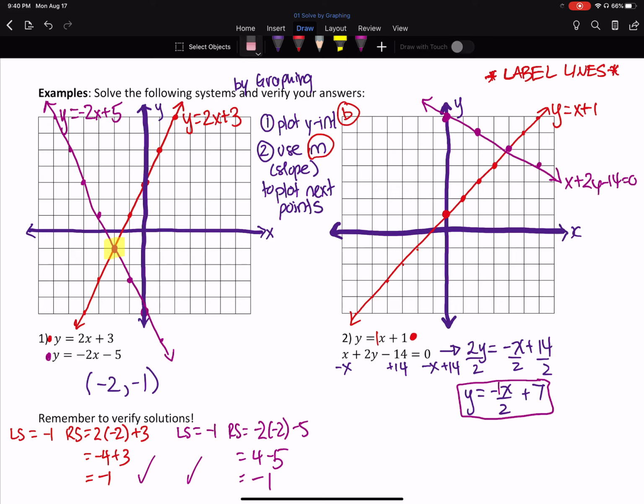You can write it this way, but we did all that work to make it into the nice y-intercept form, so we might as well label it that way. y equals negative x over 2 plus 7.